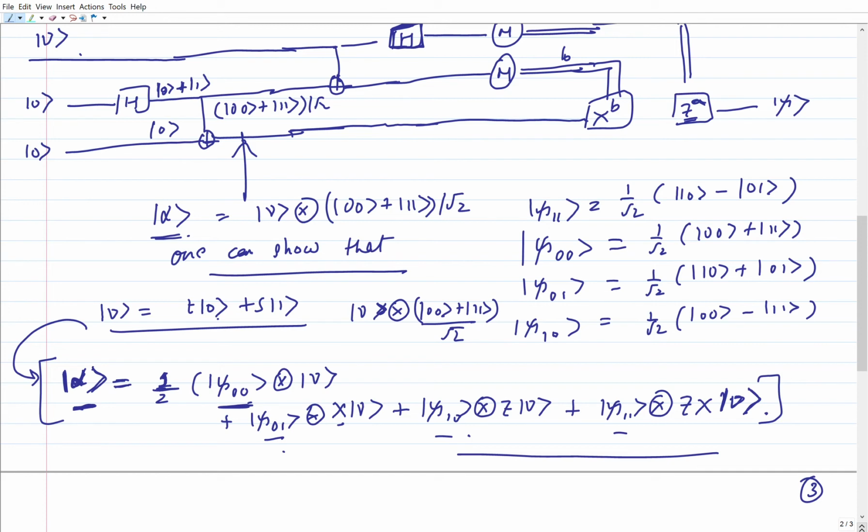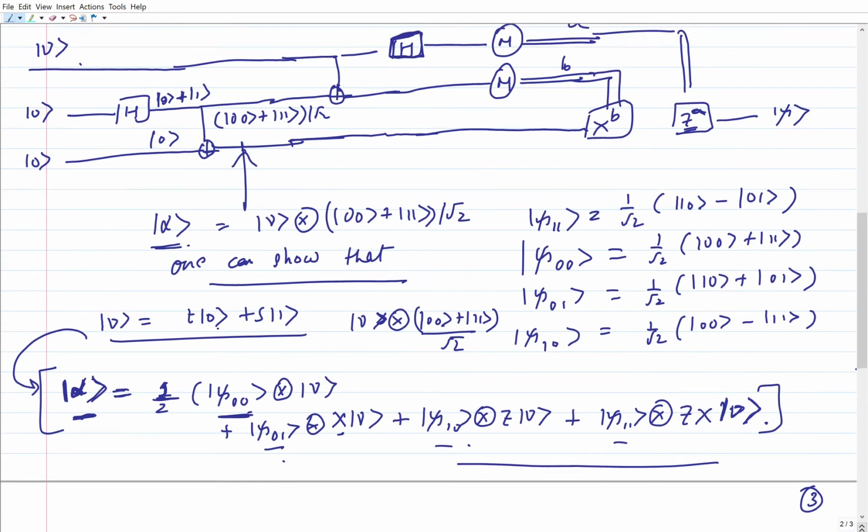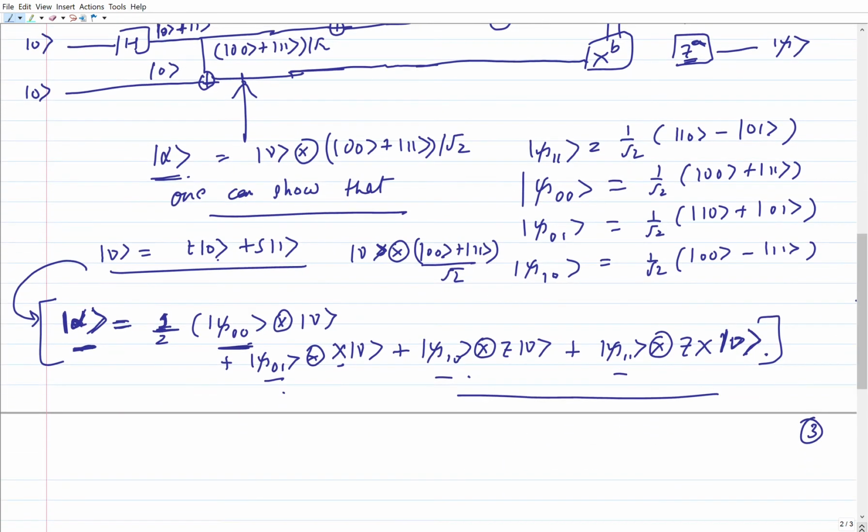So now it's rather easy, right? Now, essentially, the idea is the following.